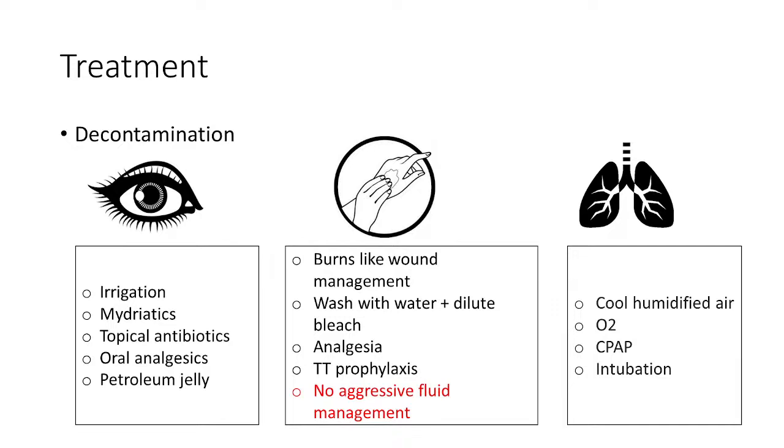So the flow of the fluid should be from nasal to temporal, medial to lateral. And there should be a kidney tray here, so that it does not expose the local soft tissues and other things. And give pediatric topical antibiotics, oral analgesic, petroleum jelly. Petroleum jelly should be given at the eyelid margin only.